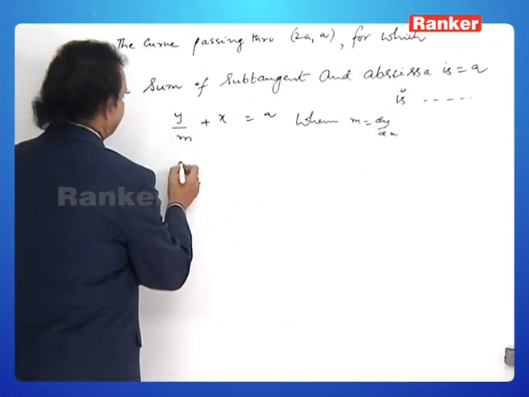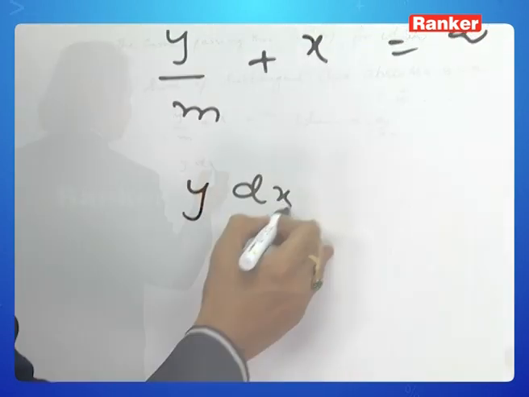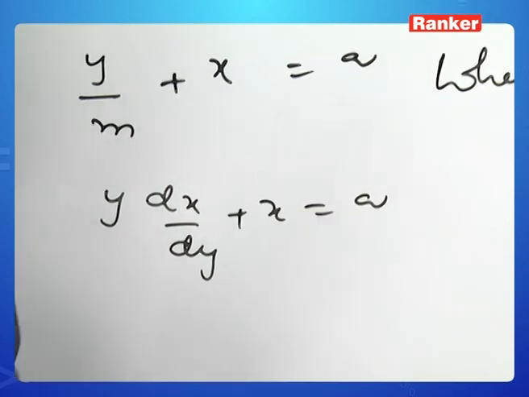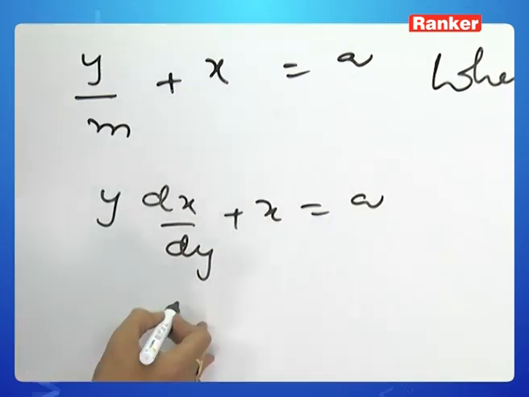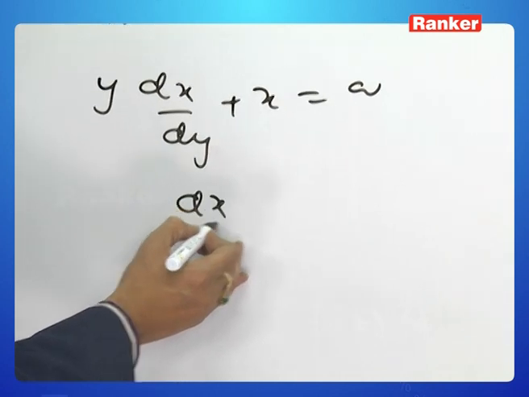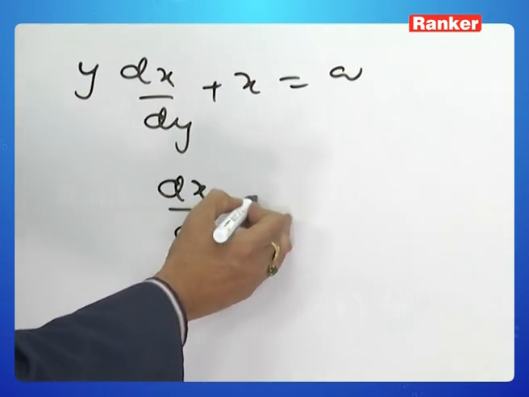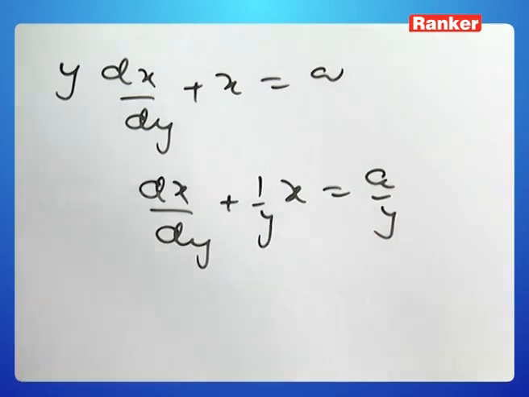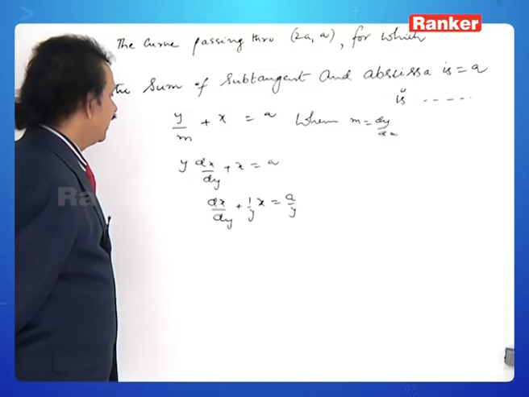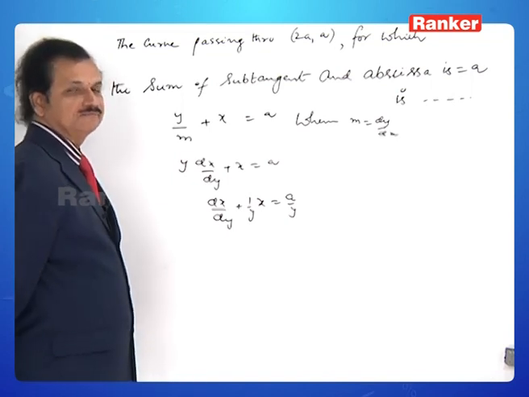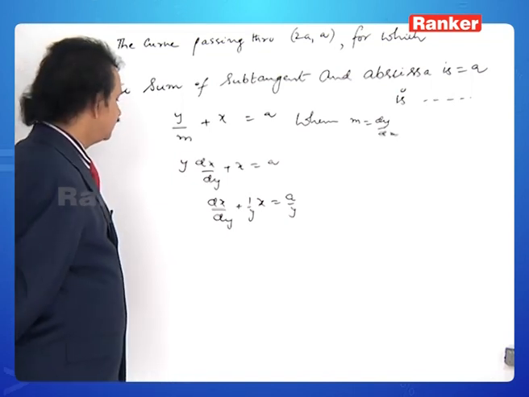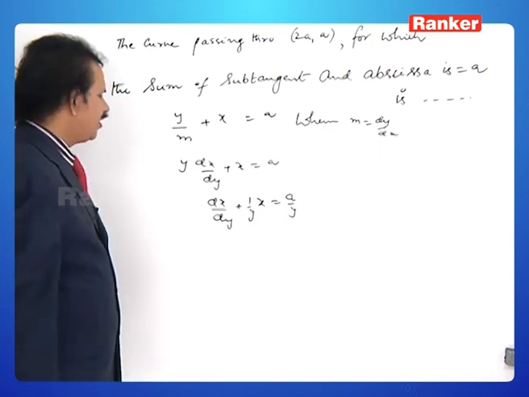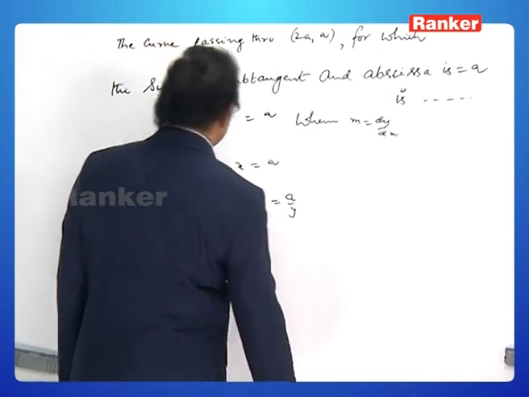Therefore, y into dx by dy plus x is equal to a. Therefore, dx by dy plus 1 by y into x is equal to a by y. Isn't it? Or even you need not do all these things.